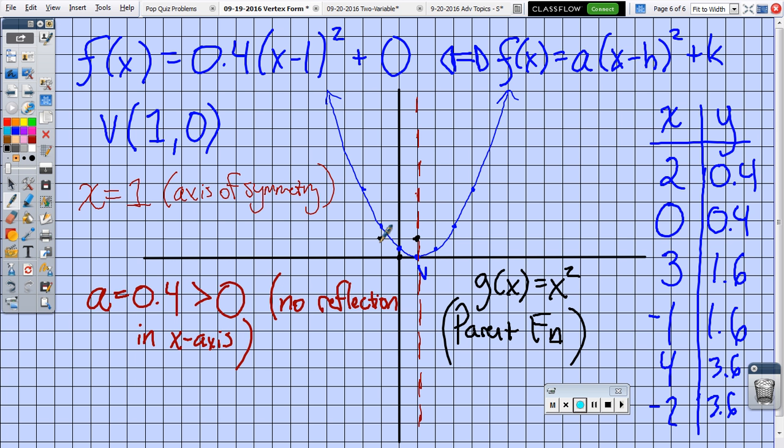We plug in -1, we get 1. We plug in 2, we get 4. We plug in -2, we get 4. We plug in 3, we get 9. And we plug in -3, we get 9. And then graph this guy.